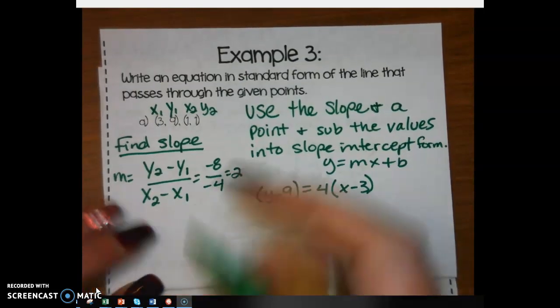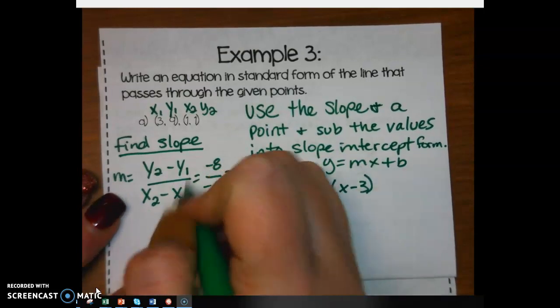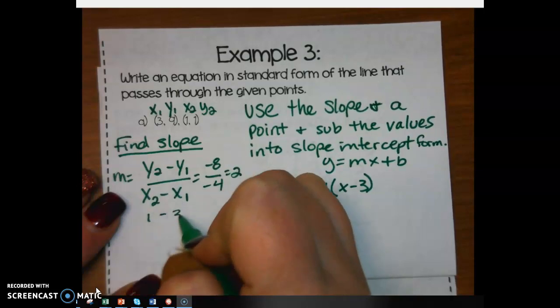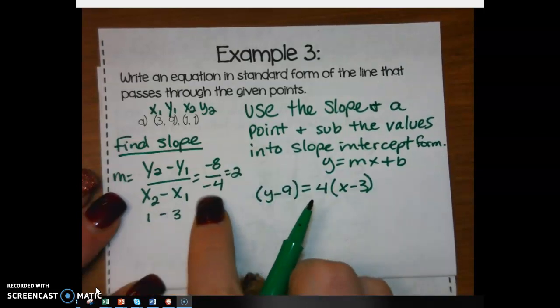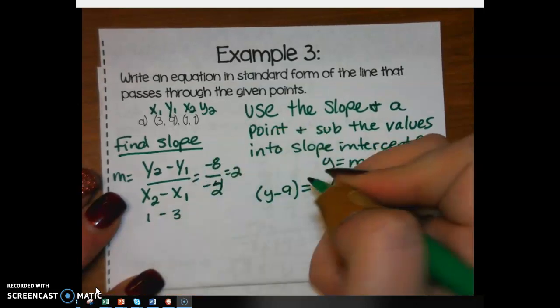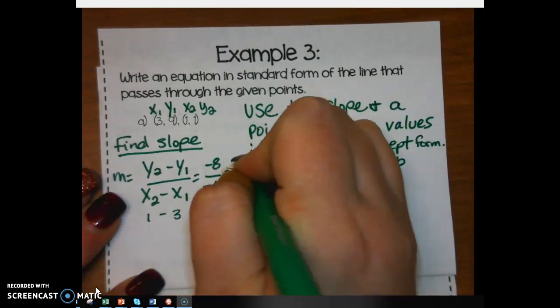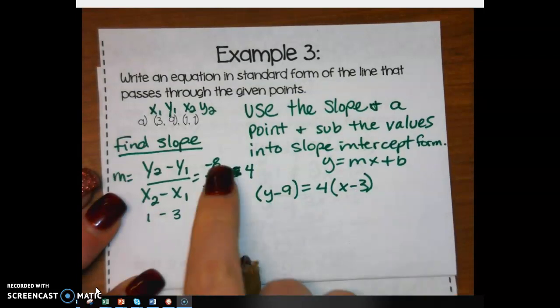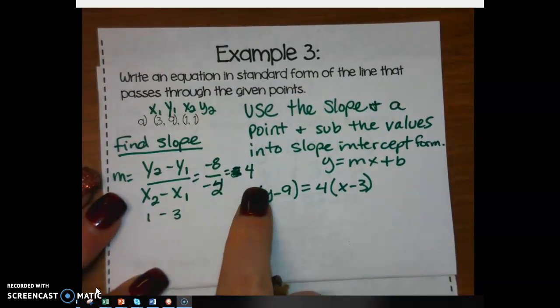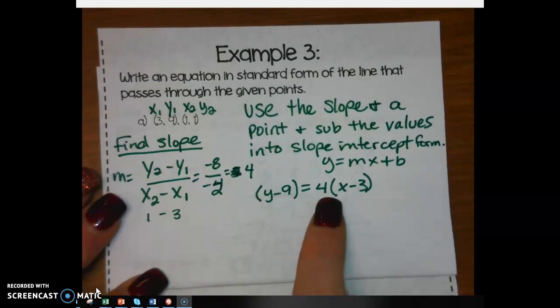So, wait. See, this is why I tell you guys to write stuff down. So, x2 is 1. 1 minus 3. That is not negative 4. Okay? 1 minus 3 is negative 2. So, not 2. It should be 4. Okay? Because negative 8 divided by negative 2 is 4. Oh, my goodness. Okay, so that's where this 4 comes from.